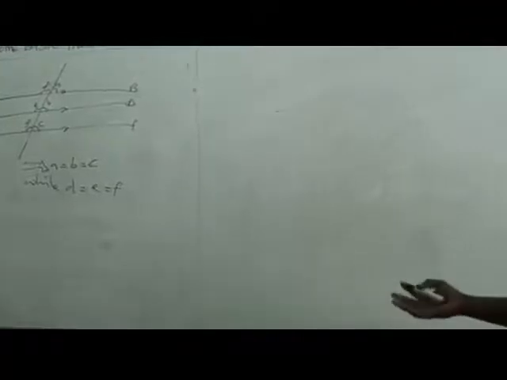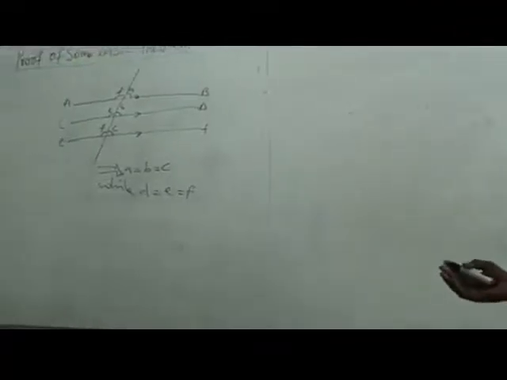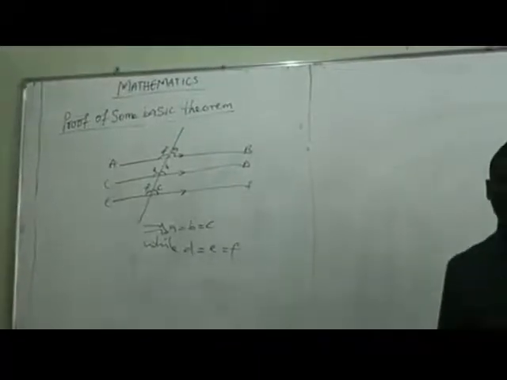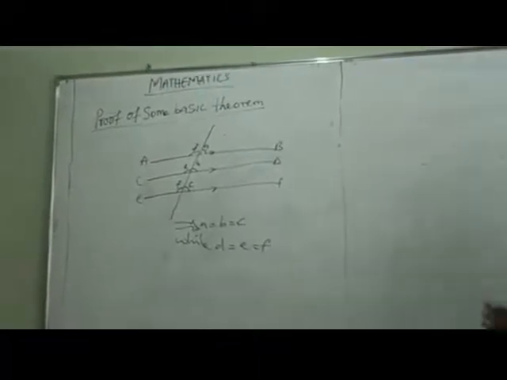Corresponding angles are angles lying on the same side of the parallel lines made by the transversal. That is called a corresponding angle.